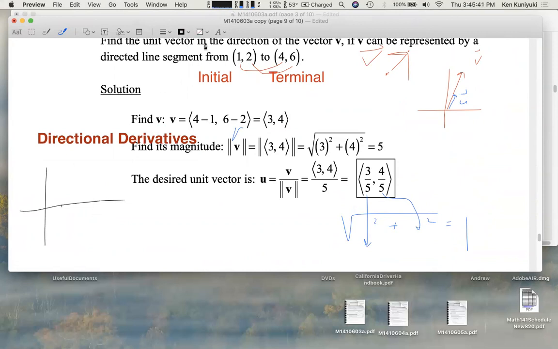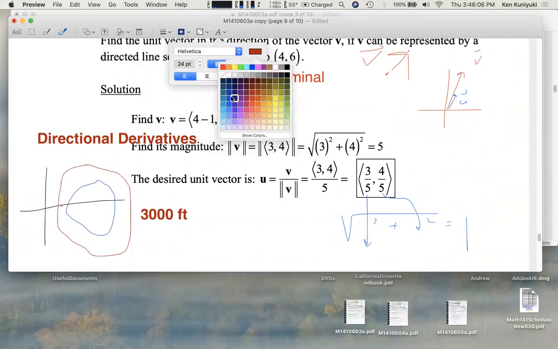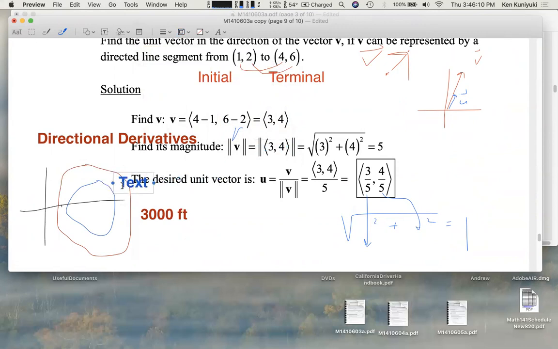Let's say that this contour, this level curve, corresponds to a height or altitude on a mountain of 3,000 feet. So this here represents 3,000 feet. And then another contour, another level curve inside here. Let's say that the altitude that corresponds to that is 4,000 feet. And let's say that the peak of the mountain is right here.